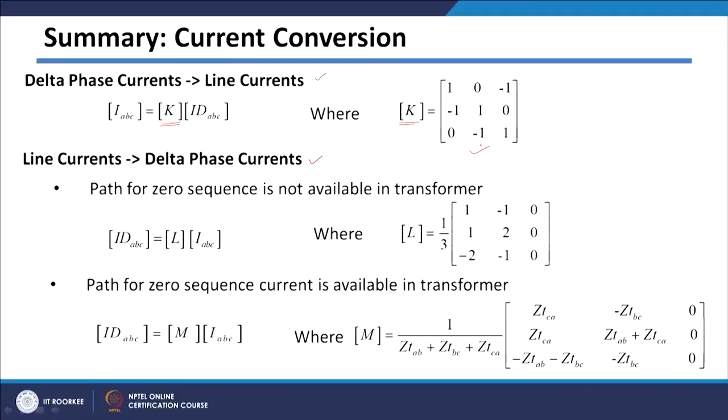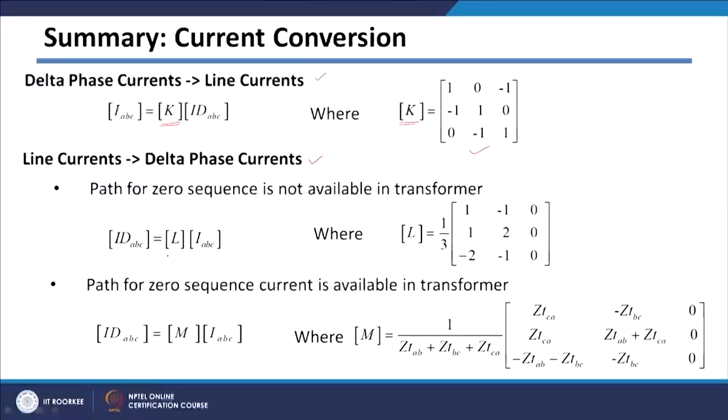One is when there is no path available for zero sequence current, and the other is when there is a path available for zero sequence current. Whenever the path is not available for zero sequence current, we have this conversion matrix L which converts line current to delta phase currents. When the zero sequence current path is available, the conversion matrix which converts line current to delta phase current is M, and M is given by this particular expression.